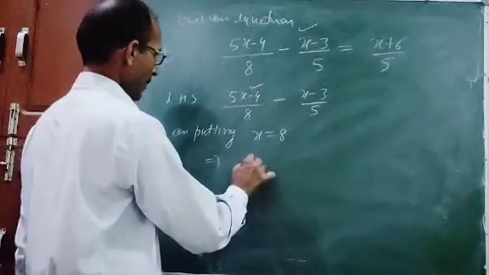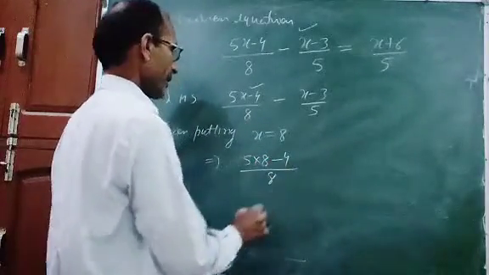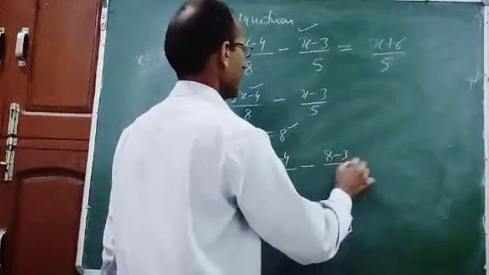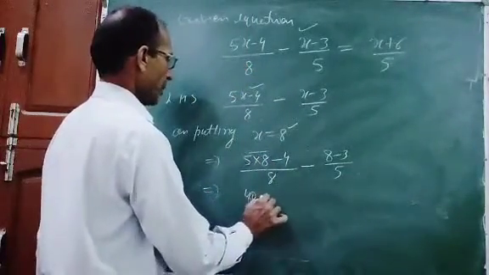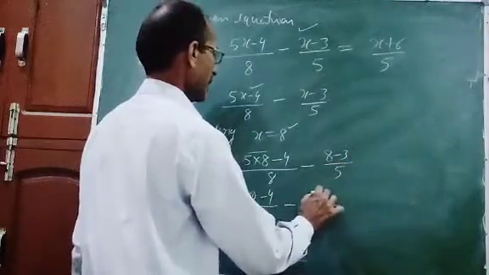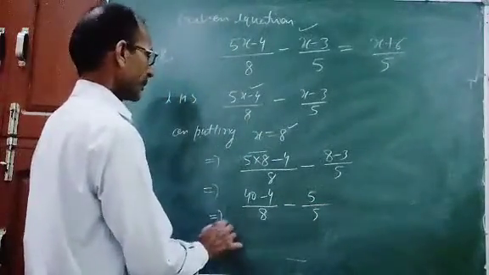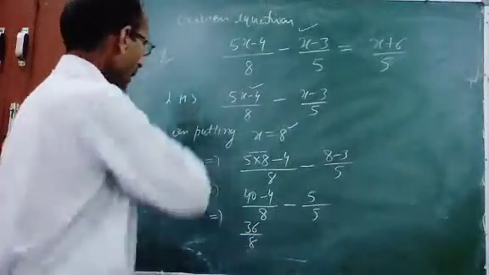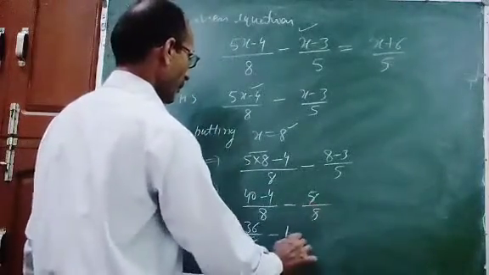So 5 multiplied by 8 minus 4 by 8 minus the value of x, 8 minus 3 by 5. So 8 fives are 40, minus 4 by 8 minus 8 minus 3 by 5. 40 minus 4 is 36 by 8, and this is minus 1, because 5 by 5 cancels to 1.